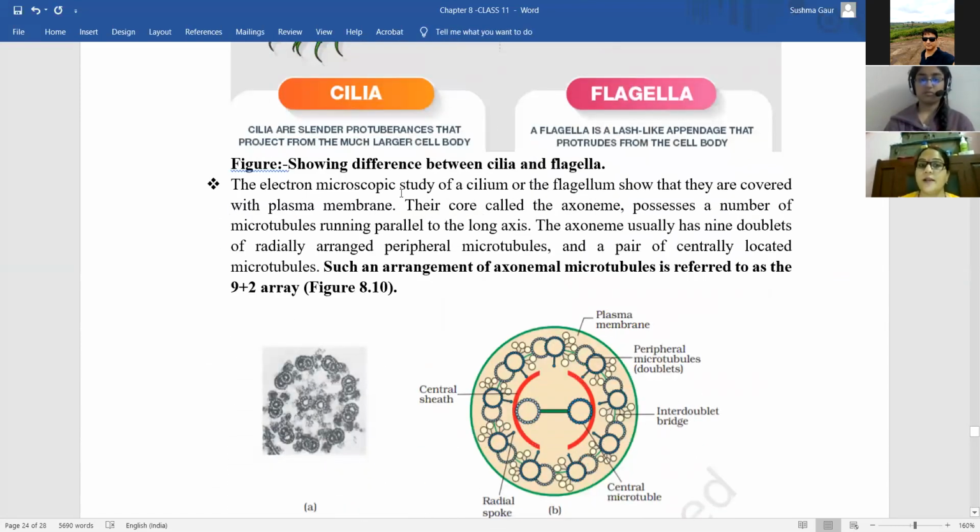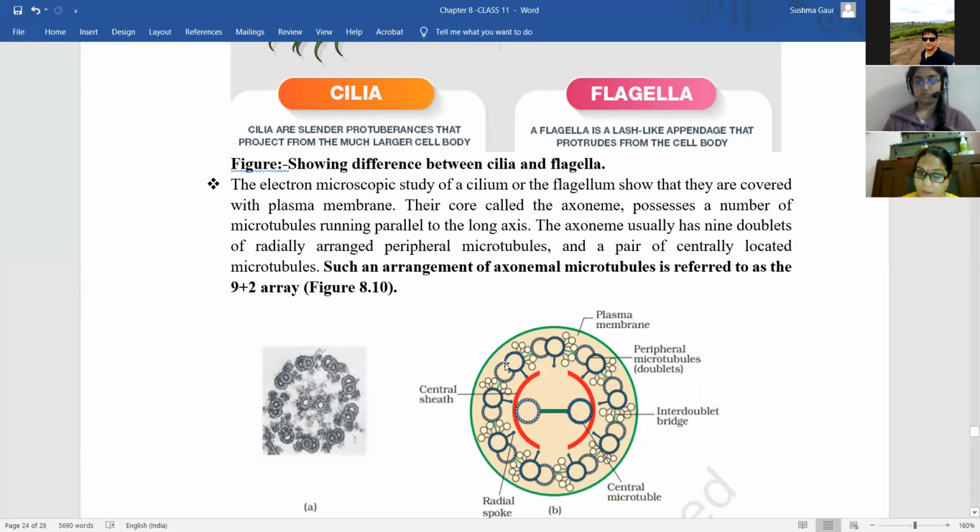The electron microscopic study of a cilium or flagellum shows that it is covered with a plasma membrane. This is the plasma membrane of the cilia or flagella. Their core is called the axoneme, the central structure present in the flagella. They consist of a number of microtubules running parallel to the long axis.